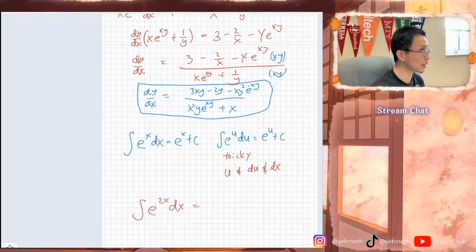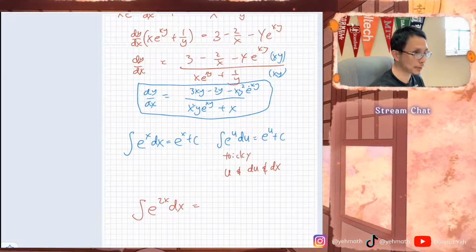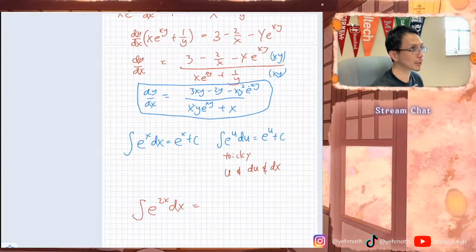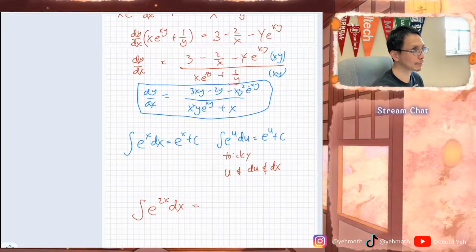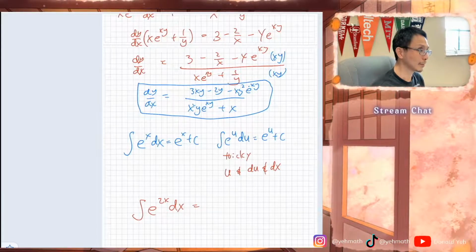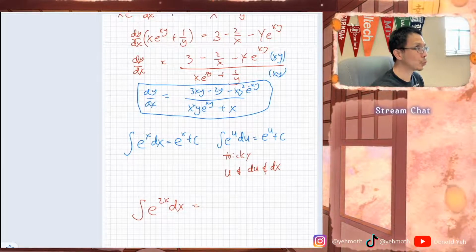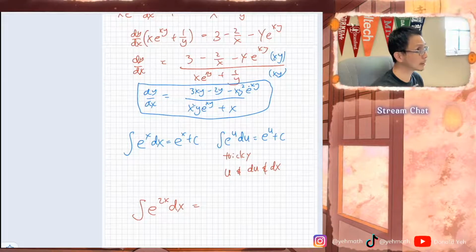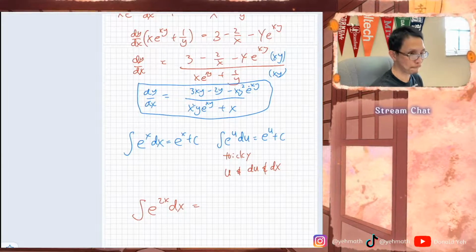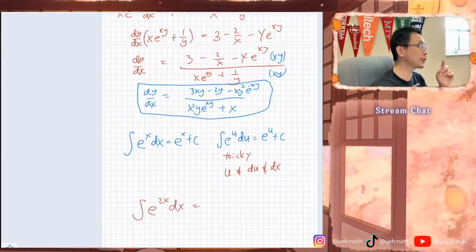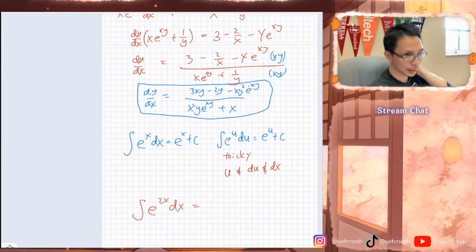What do you think the integration of e to the 2x dx is? One half e to the 2x. That's a great job.